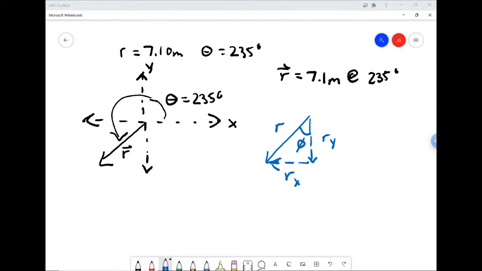Let me redraw this vector over here. I'm going to drop the vector notation. Got to know what that angle is right there. So in this case, the angle that we're interested in is the angle that the hypotenuse makes with the y component. It's at the top of the triangle.